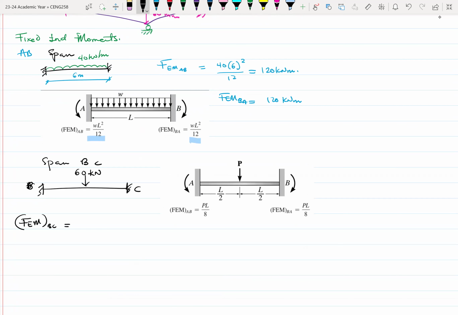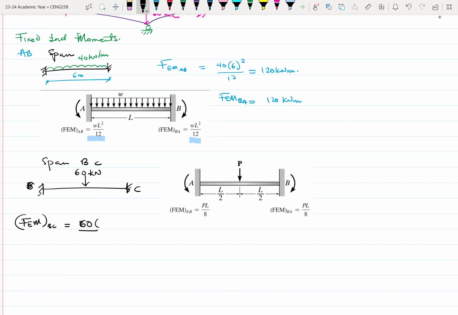So the fixed end moment BC will be PL over 8, where P is 60. L is the entire length of the span. Sometimes you assume that L is supposed to be half the length of the span, which is wrong. So take note, L is the entire length of the span. So that'll be 2 meters.